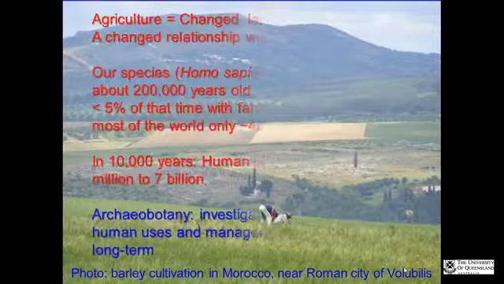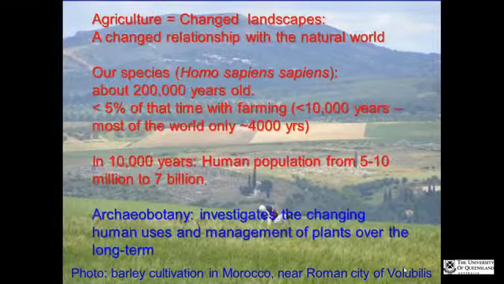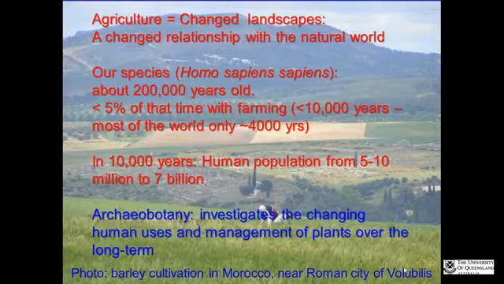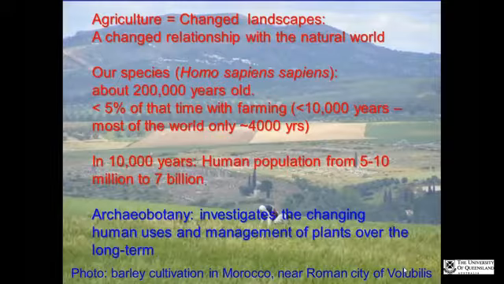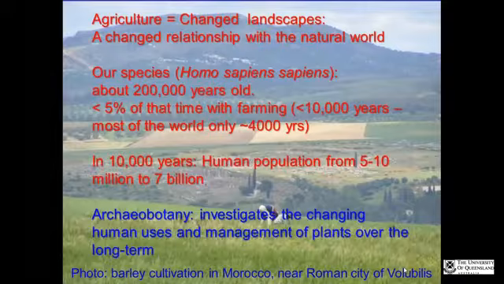Okay. So just a bit of general background to frame this. As all of you probably know, agriculture represents a modified landscape, a human-managed and controlled landscape that represents a major change between our species and the natural world.